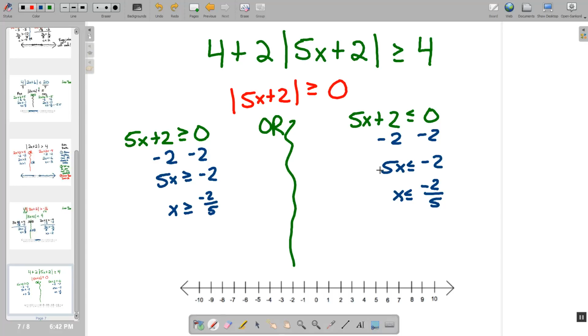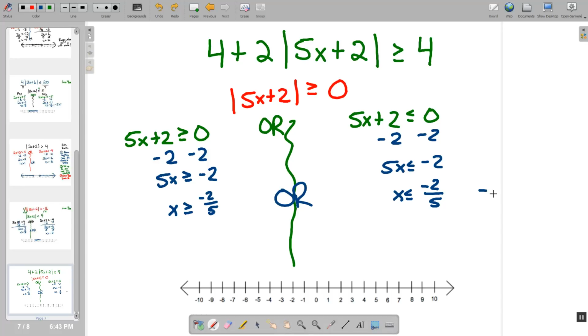So before we even graph this, I just want to think about x is any number that is either smaller than this number or bigger than this number, and it can be equal to that number. It sounds like to me that it's probably everything. There's probably no number that doesn't fit these requirements because it's an "or" statement. But let's graph it just to double check.